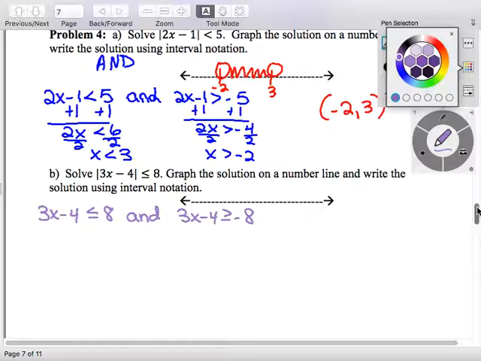So check your papers here. You're going to flip negate for the other one, but the inside of the absolute value never ever changes, okay? So I'm getting 3x less than or equal to 12, divide by 3. So your first inequality should be x less than or equal to 4.